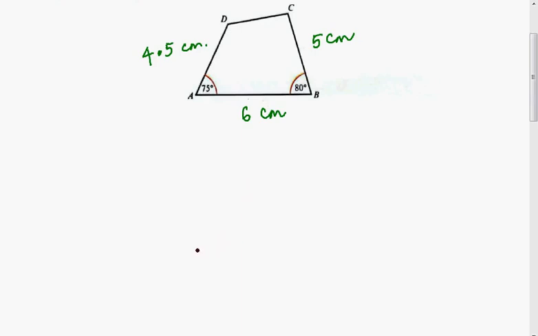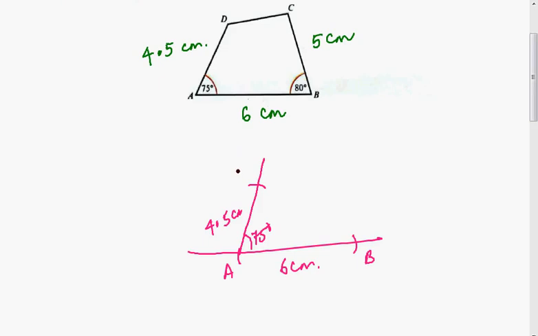To draw this diagram, we will take 6 centimeters using the compass, and this one is AB. At A, we will draw 75 degrees using the protractor, and will give a mark at 4.5 centimeters.